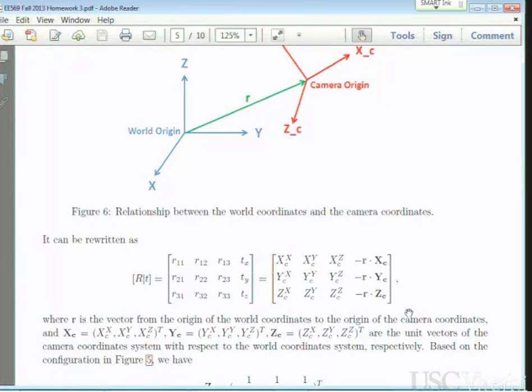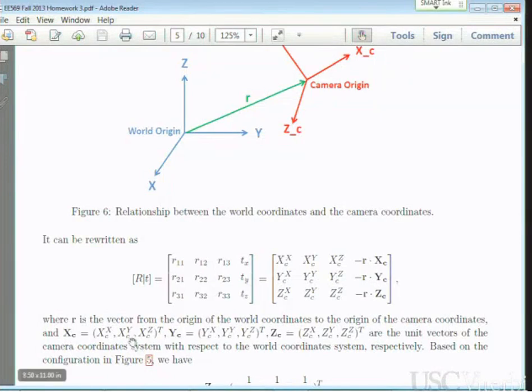Well, this is really not that difficult, okay? What I want to say is, number one, you need a translation. So you need this guy translated back to this guy, and you need to find the translation amount: how much you need to translate in X, in Y, and in Z. Isn't it the inner product of this guy and this guy? This is a unit vector. So XC are the unit vectors of the camera coordinate with respect to the world coordinates.